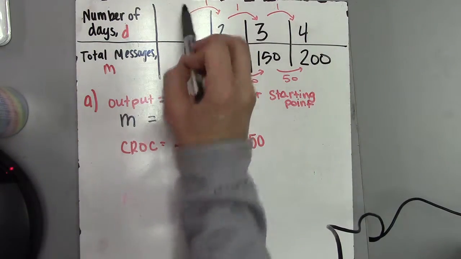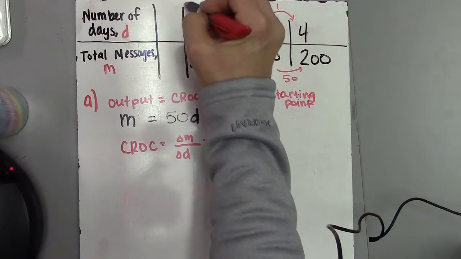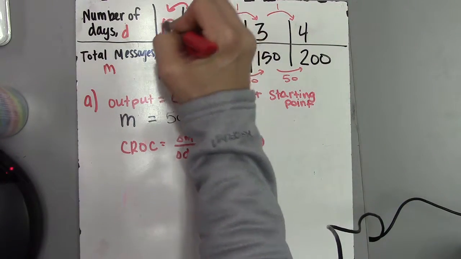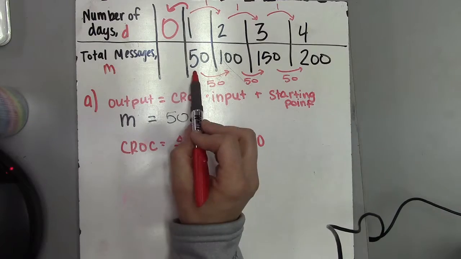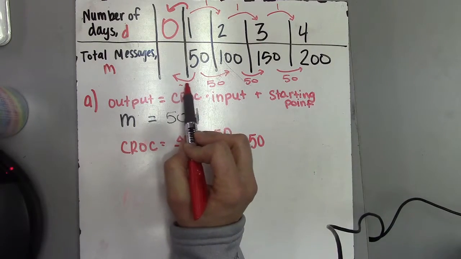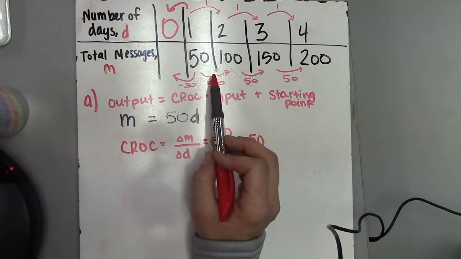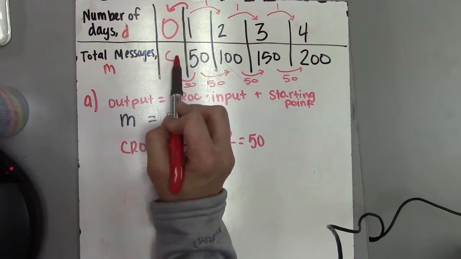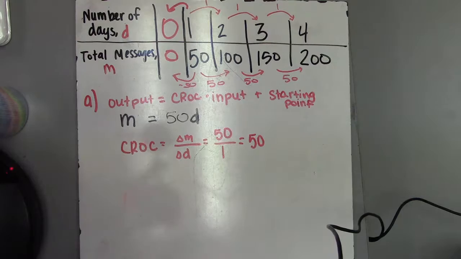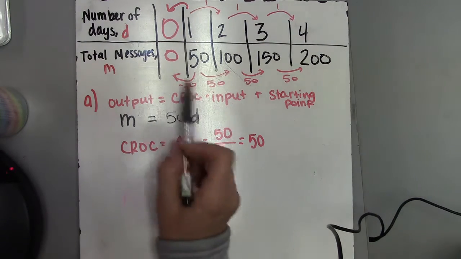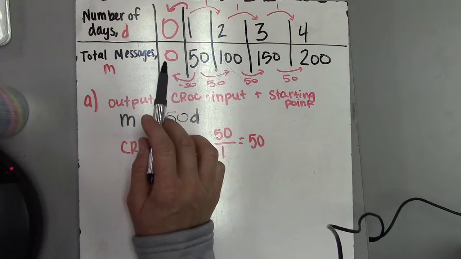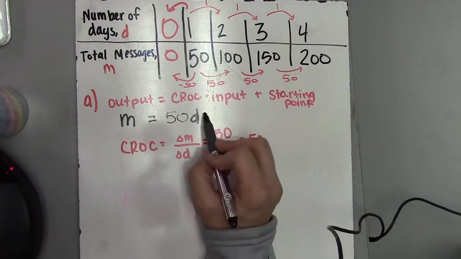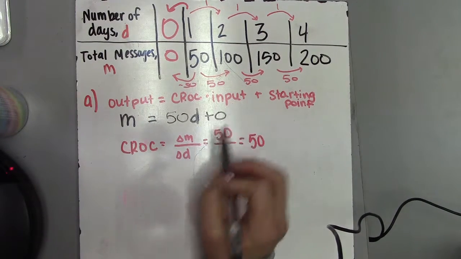If we go back 1 day, and instead of adding 1, we subtract 1, we'd be at day 0. And if we go back the rate of change, instead of adding 50 messages, we take away 50 messages. Well, 50 minus 50 is 0. So on day 0, he sent 0 messages, which would kind of make sense because we shouldn't start off with having any messages sent when we first get a phone or a phone plan, so that would be plus 0.